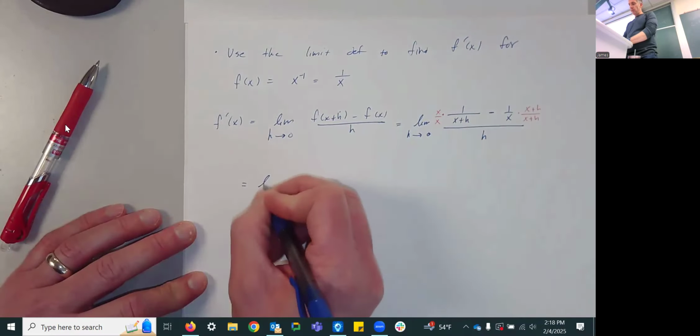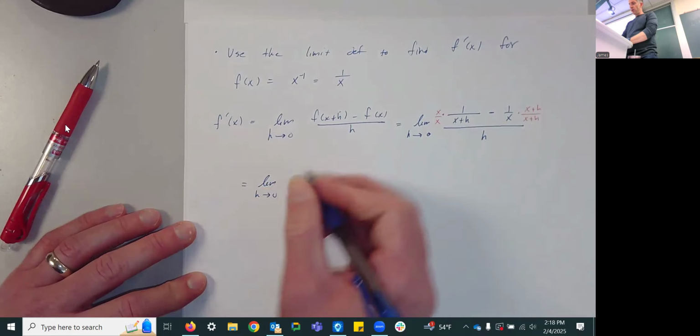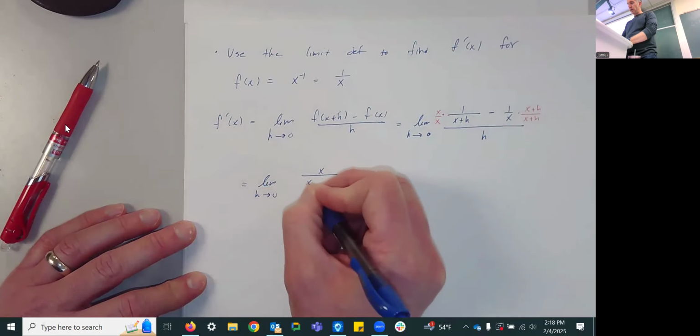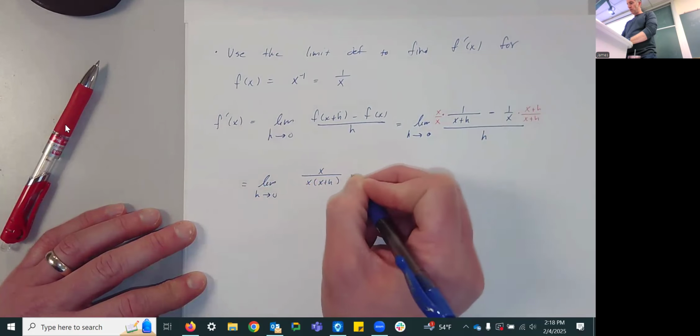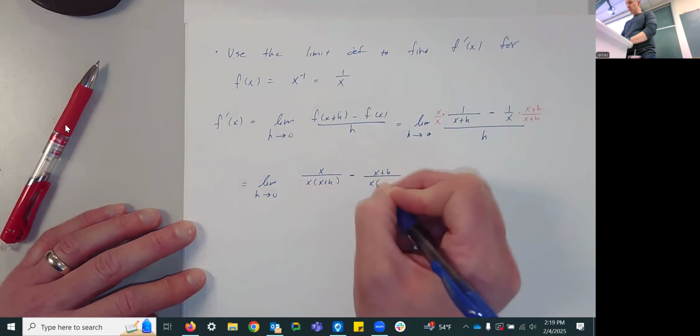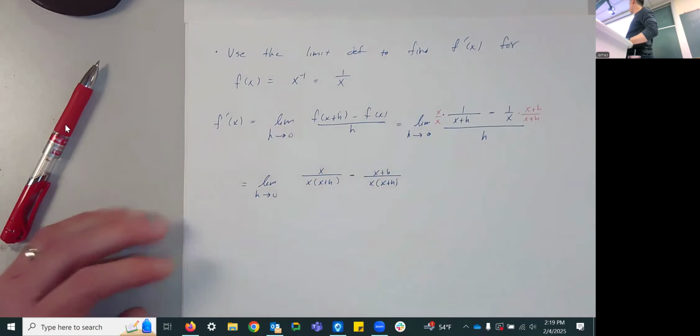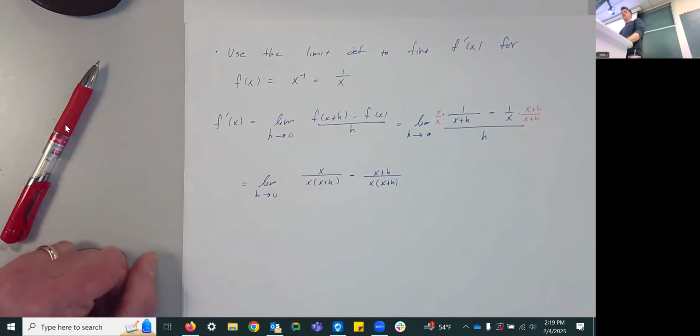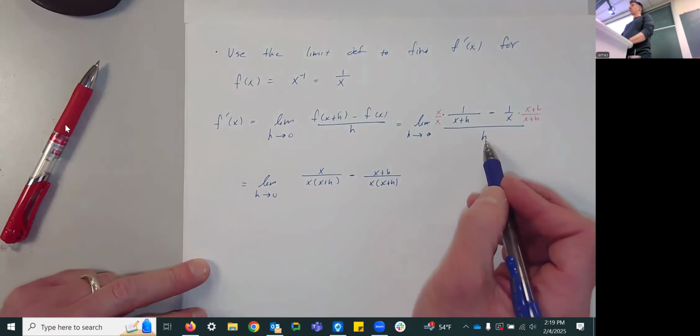We're going to get the limit as h approaches 0 of x over x times x plus h minus x plus h over x times x plus h. And to not have fractions in fractions, which is never my favorite, instead of dividing by h, we're going to multiply the whole thing by what?